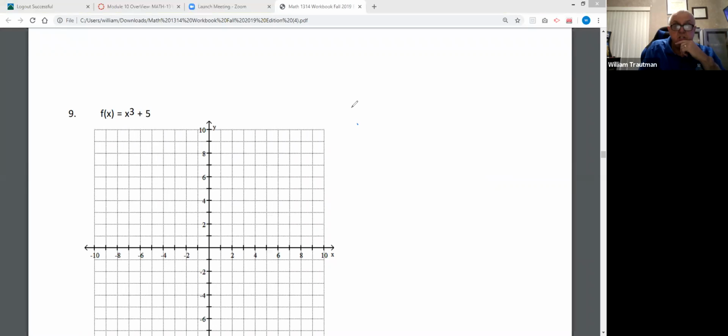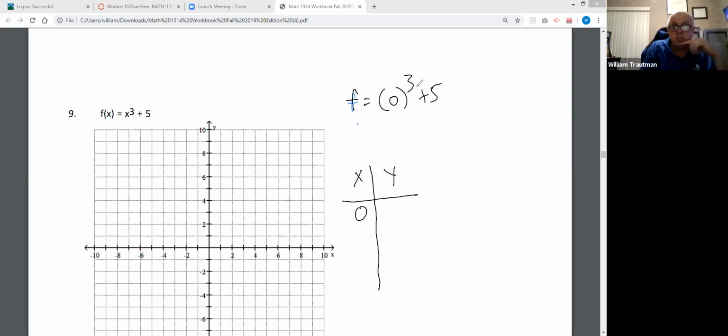Here's my function. Let's do the first one in black. The function is x cubed plus 5, and we're going to graph our function. I'm going to plug numbers in there. Let's start with 0 for x. If I put a 0 in here, 0 to the third power plus 5 is 5.